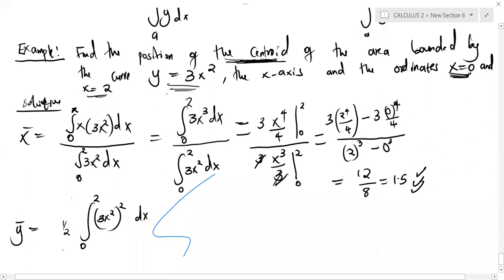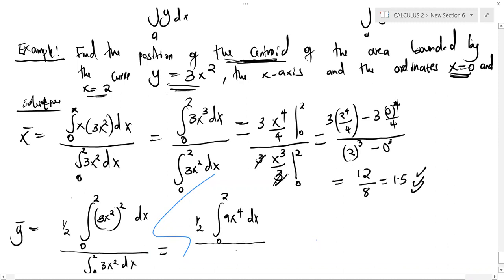All this divided by the integral from a to b, so that is the integral from 0 to 2 of y dx, and our y is 3x squared dx. Evaluating that, on top here we have a half into the integral from 0 to 2 of 9x raised to power 4 dx, all divided by the integral from 0 to 2 of 3x squared dx.